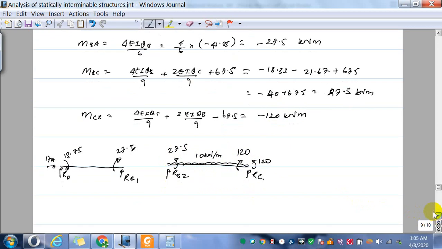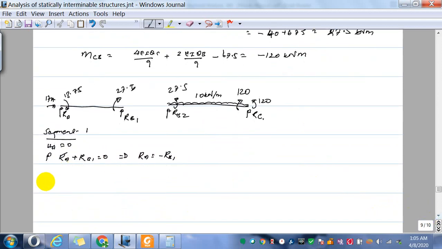So now what happens is, if you take this segment 1, it is in equilibrium and HA is 0, then you have two equations, two unknowns, you can find those two. So if you balance vertically, RA plus RB1 is 0, which means RA is equal to minus RB1. And if you take moment about A, sum of all the moments is equal to 0.